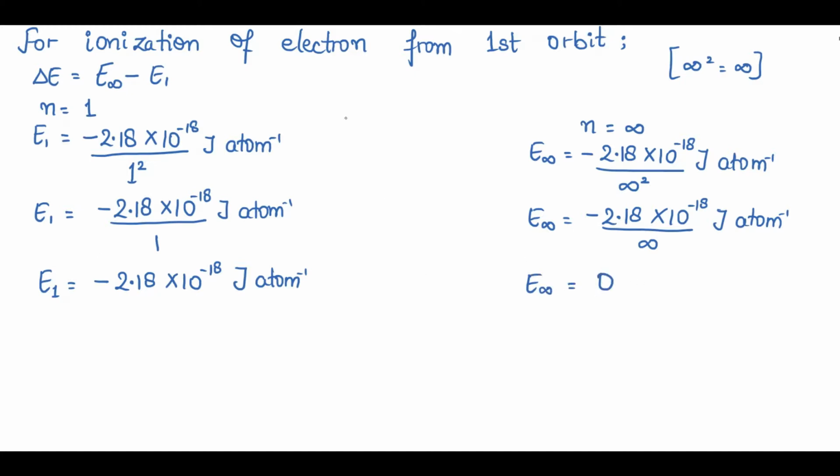So we'll put the value in this relation. I'll consider this ionization energy as delta E dash, right? So again, I'll put the value of E1 and E infinity in this relation.